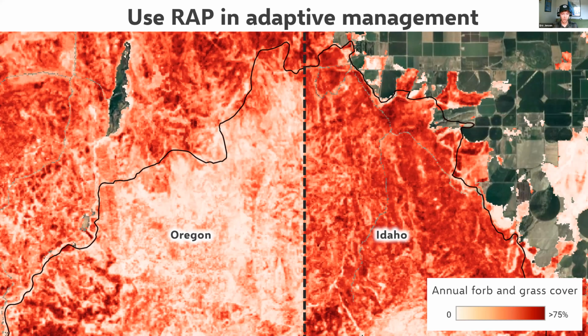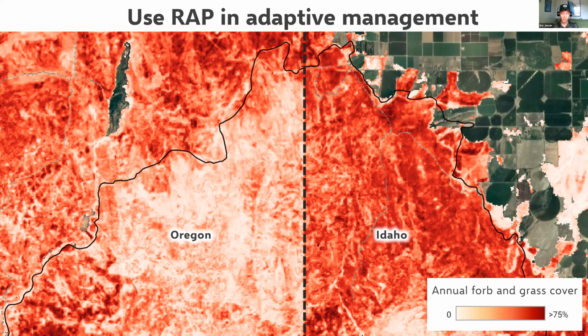And so, these species don't conform to state boundaries. Obviously, there was some sort of management that was applied here across this state boundary.